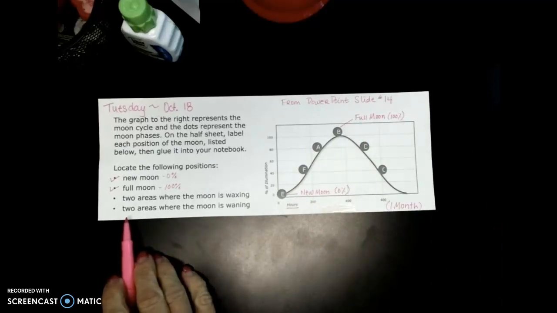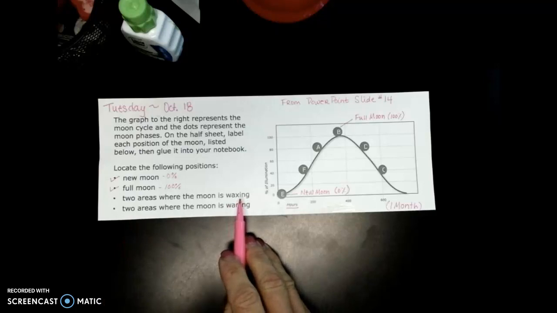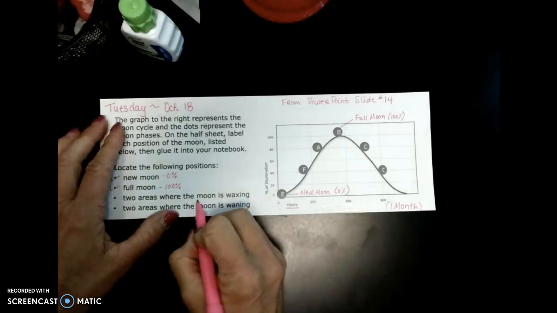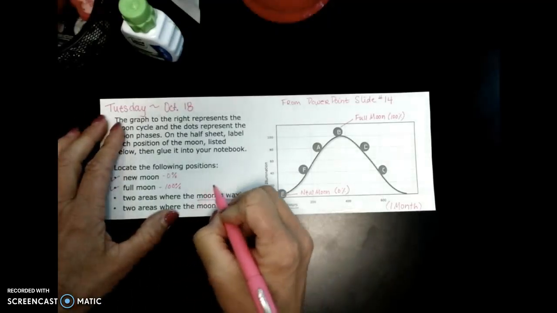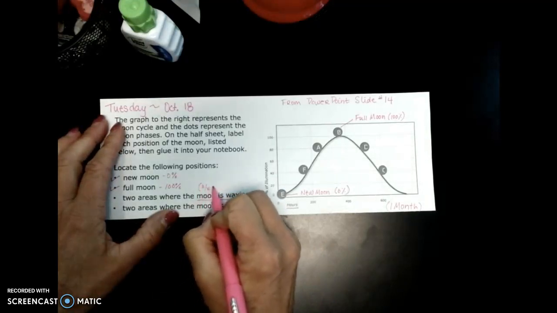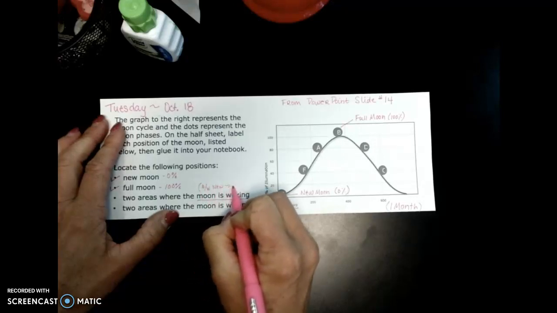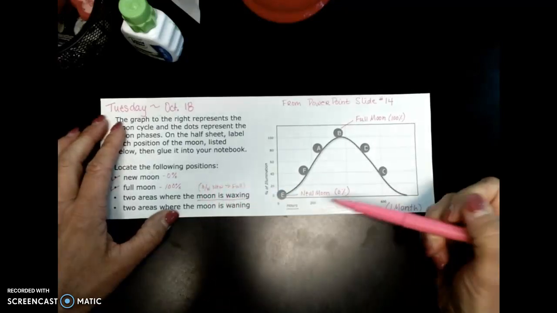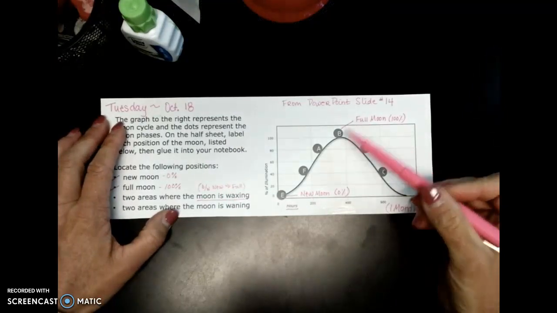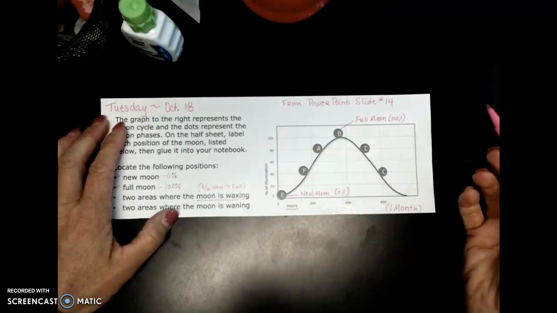So let's look at waxing. Well, we know that waxing, that moon phase, takes place between the new moon to the full moon. Since we have new moon here and full moon here, we know that these two will be labeled with waxing.